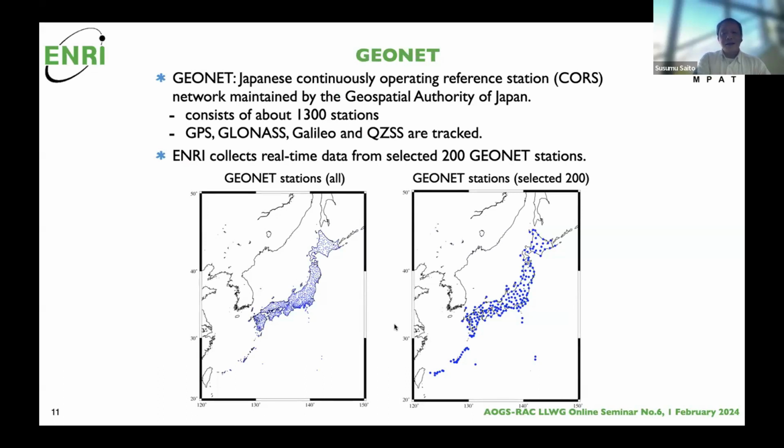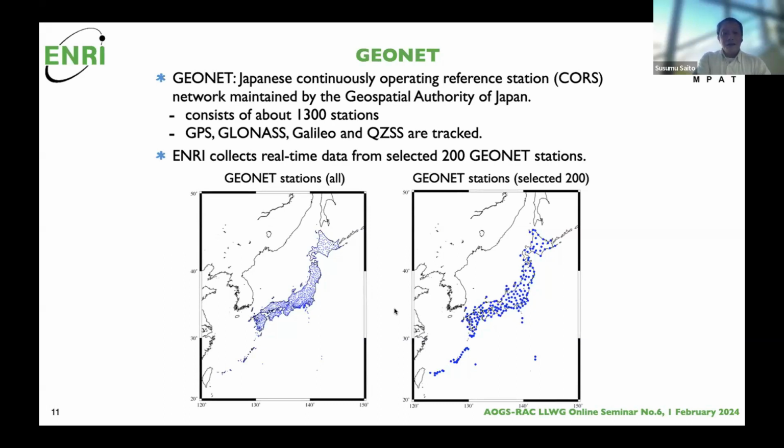It now consists of about 1,300 stations all over Japan, as plotted on the left-hand side. Even without the coastline, we can easily identify the shape of the Japanese islands.